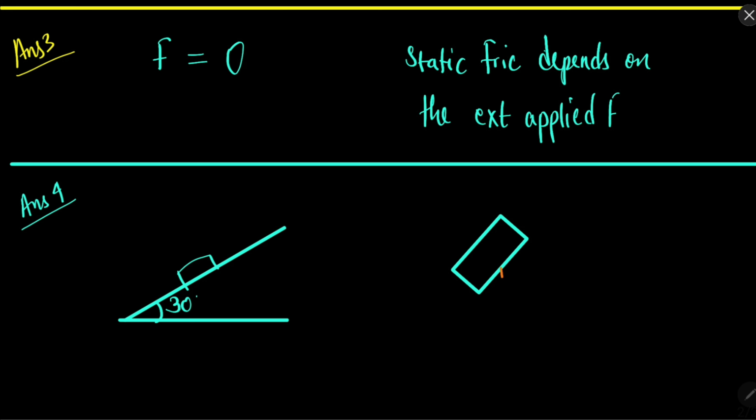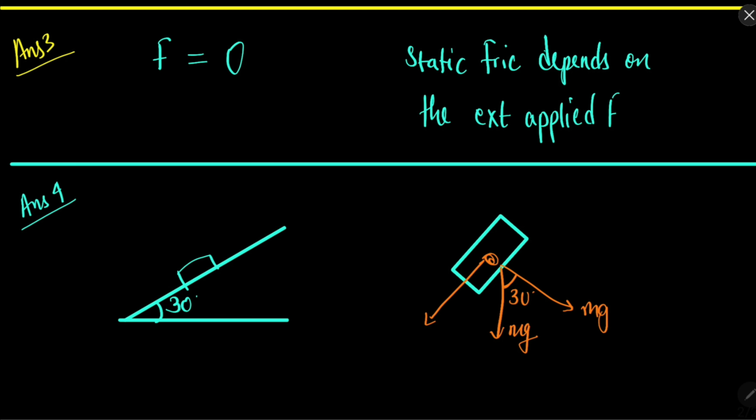One force is the weight mg downward. One force will be in these two directions. This angle will be 30 degree because this is 30.